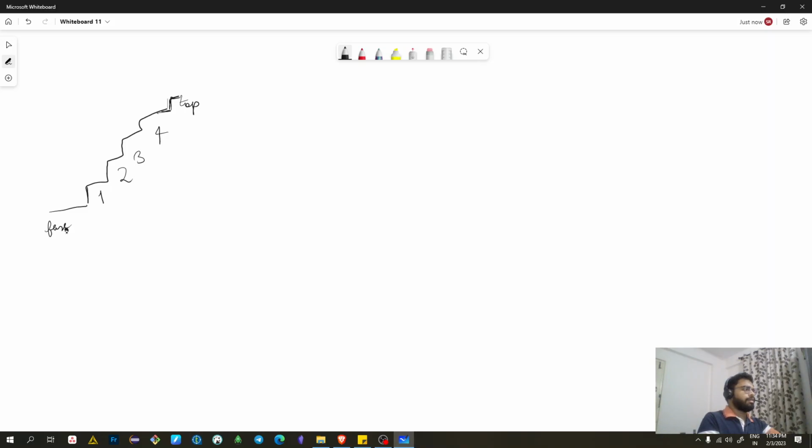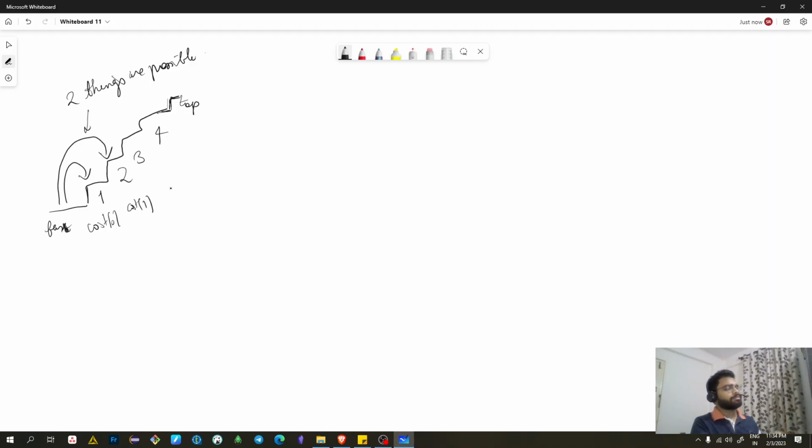So from the base, you can either do this or you can do this, right? So which of the two steps would you choose? You would obviously choose the one having the minimum cost. So this is cost 0, this is cost 1. Whichever of these two is minimum, you will choose that as the first step.